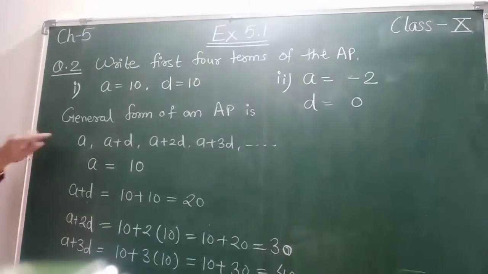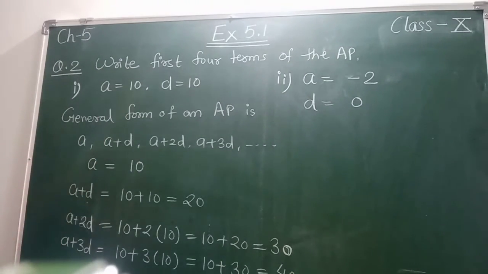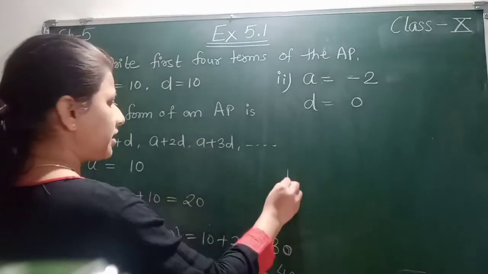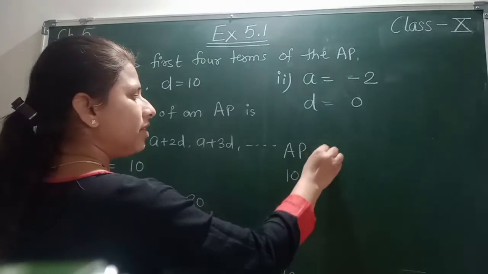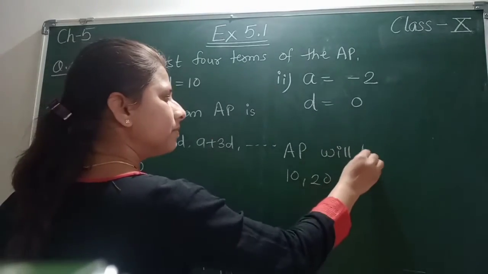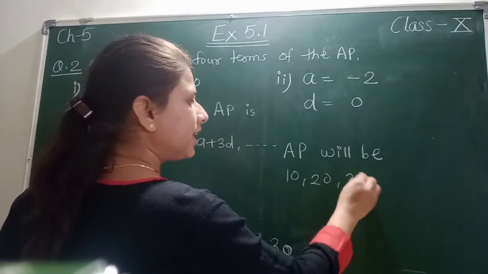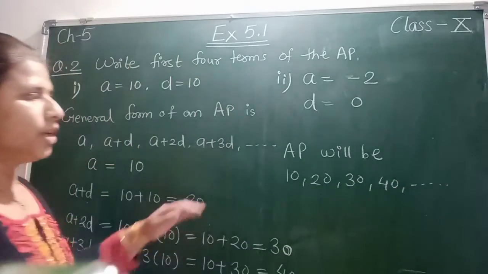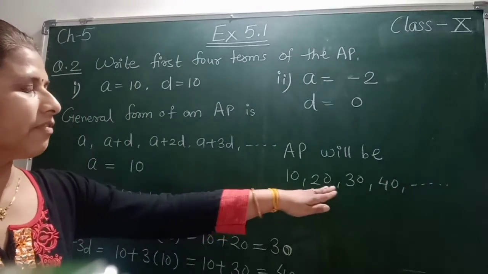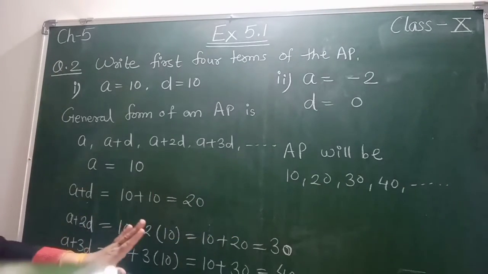So the four terms of this AP are: first is 10, second is 20, third is 30, and the fourth term is 40. So we can find the AP.